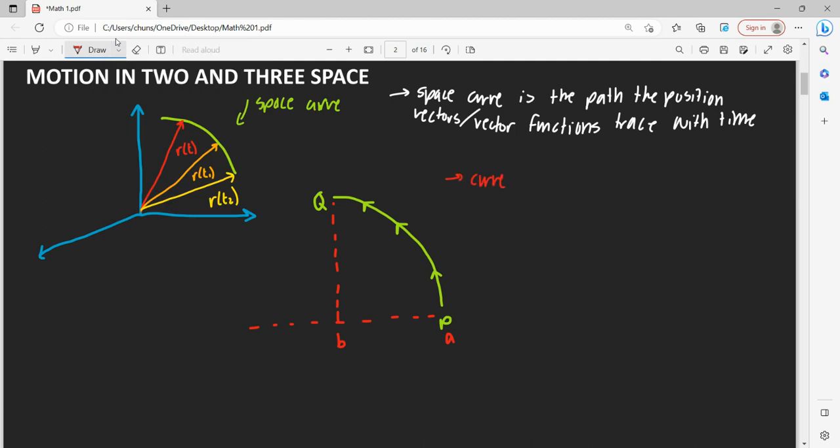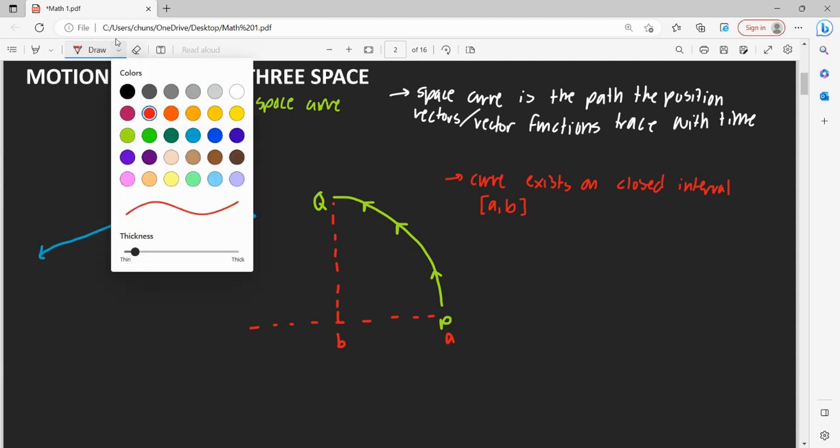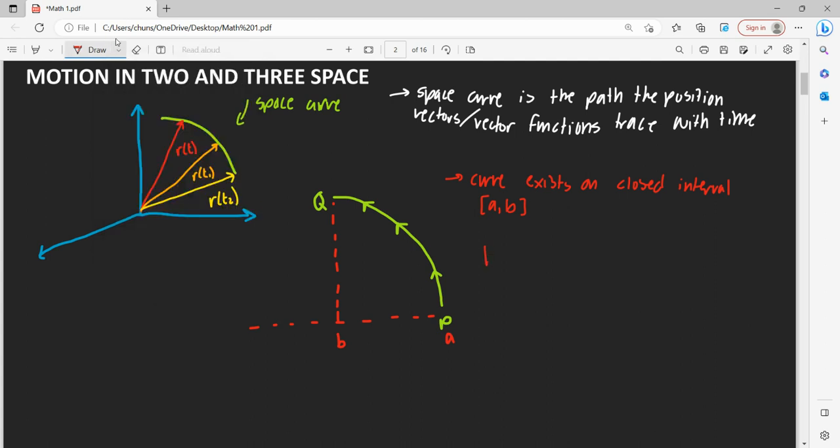So we would say this curve exists on closed interval A and B. So if we were to write this out, we could equivalent this to saying P is equal to the position at A and Q is equal to position at B.